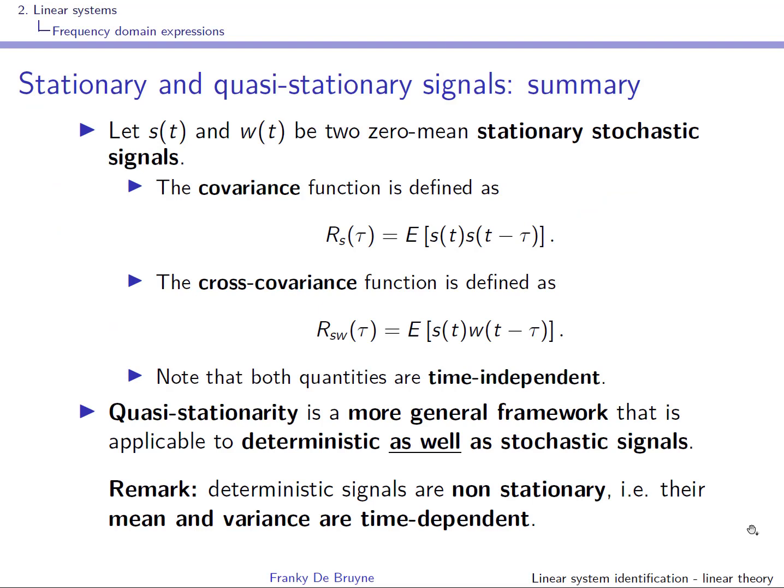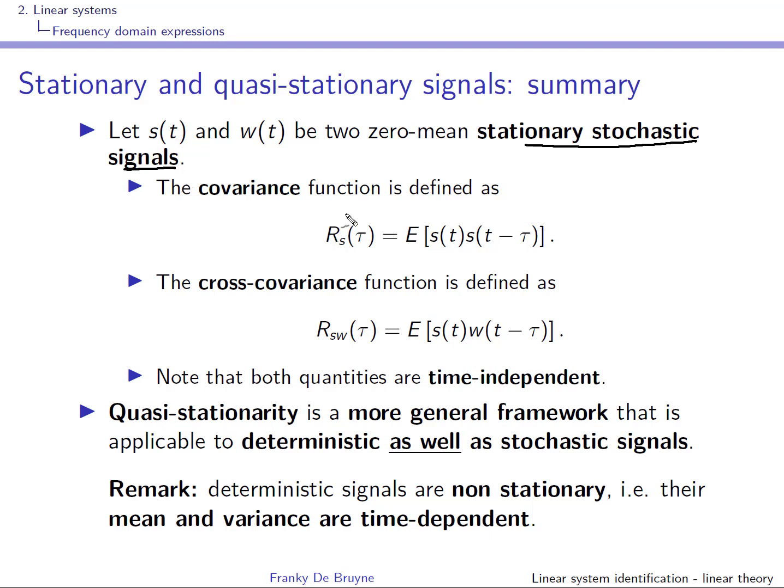Well, in this subsection about frequency domain expressions, there are quite a few slides that I have to skip because we only have a 15-hour course. So I'm trying to give you a rough idea of things. We've talked about stationary stochastic signals, which are signals for which the second order statistics are independent of time.